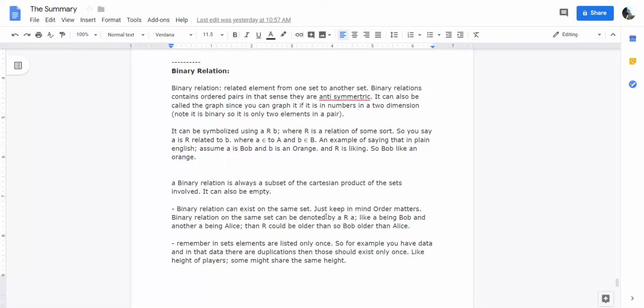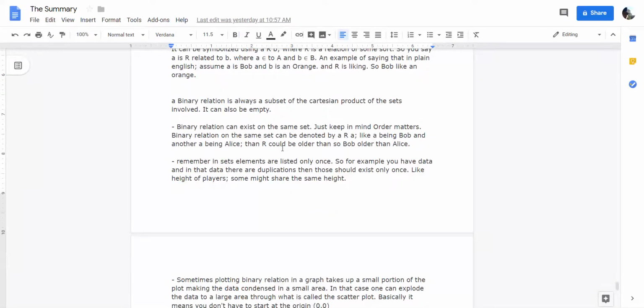And order is very, very important. When you say Bob likes orange, you can't really say orange likes Bob. The order of the pair here is very important.